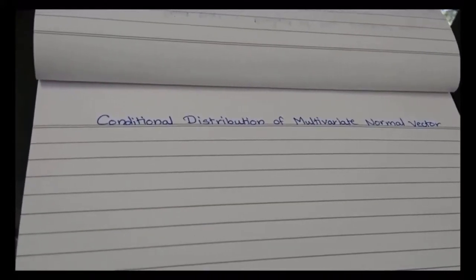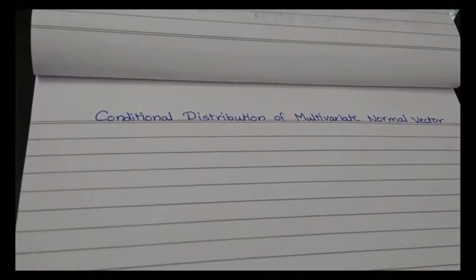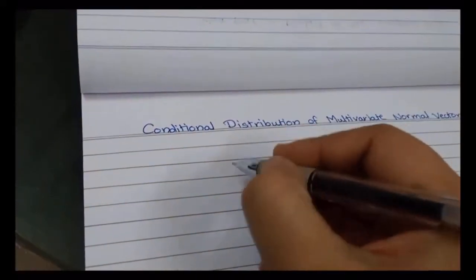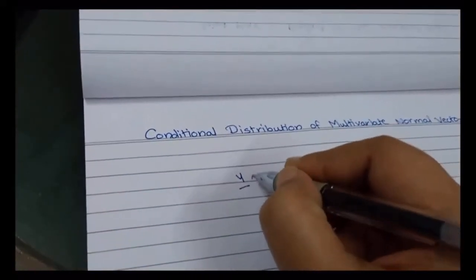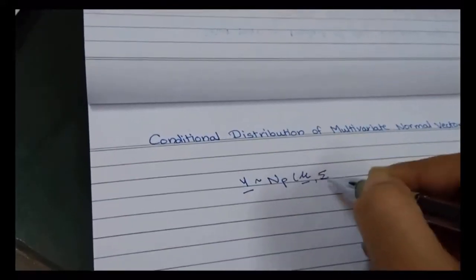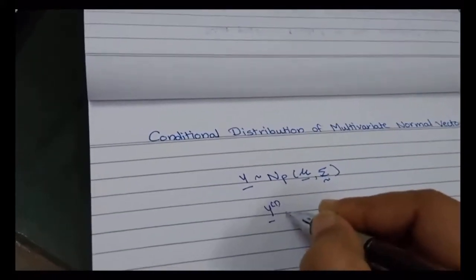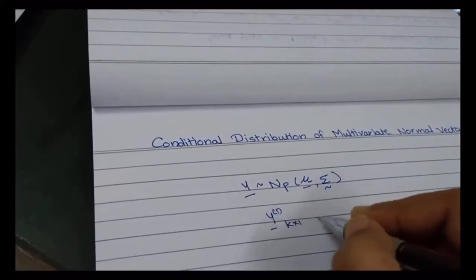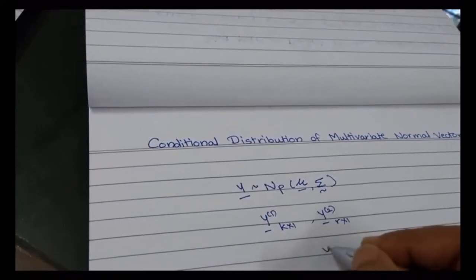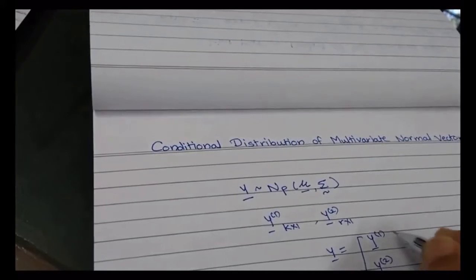Hello everyone. Today we will be studying conditional distribution of multivariate normal vector. So what I mean by this is, if I have a vector y which is following a p-variate normal distribution with mean mu and variance covariance matrix sigma, let me have y1 as a subvector of order k cross 1 and y2 as a subvector of order r cross 1, such that my y is actually (y1, y2).